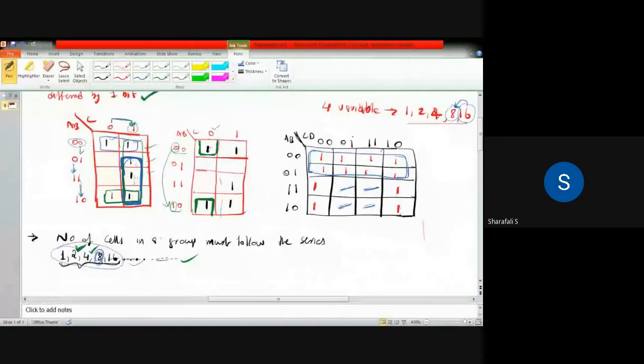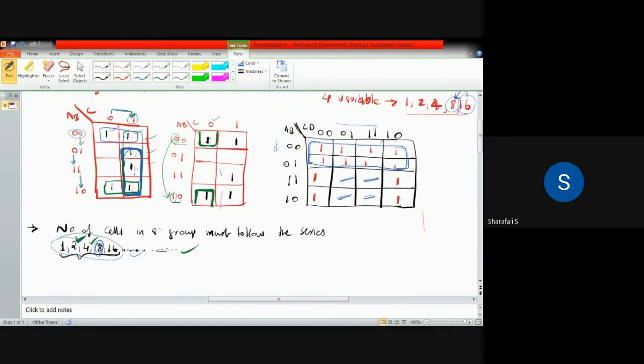You can check in this direction or in this direction, so you can group that. So this is the case for 8 cell grouping, and then you have to check whether 4 cell grouping is available in this K-map. At first look, you can see different possibilities for four cells.